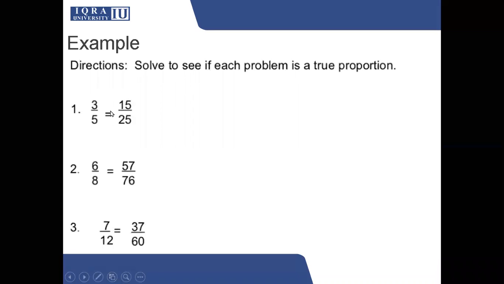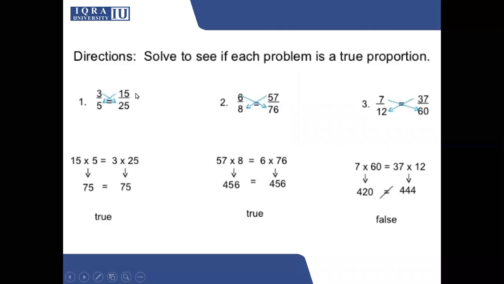And now we have some examples, and we need to find out whether these proportions are true or not. So how do you do this? They are solved in the next slide. This is the case, 3/5 ratio 15/25, right? So you multiply 3 with 25, what do you get? 75. And you multiply 15 with 5, you get 75. So this is a case of a true proportion.